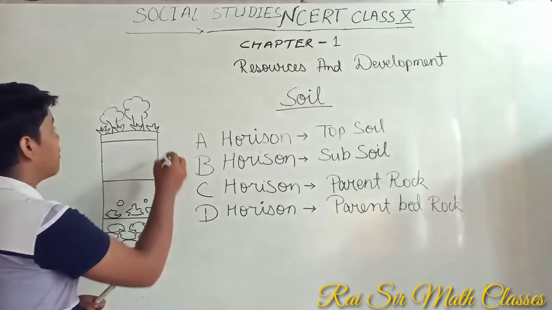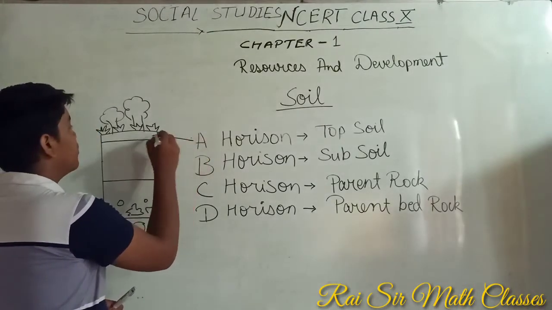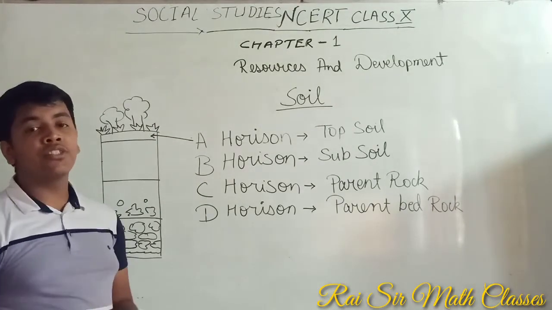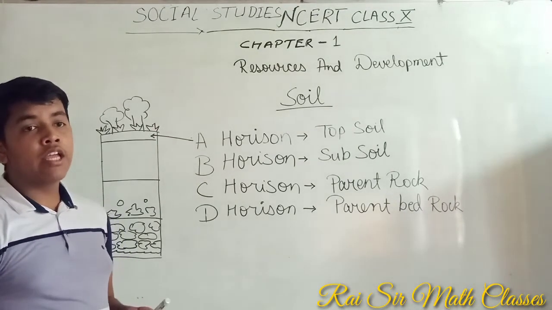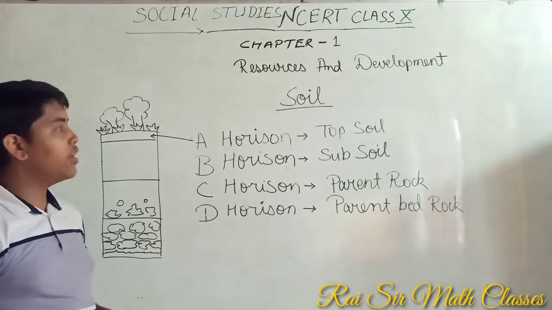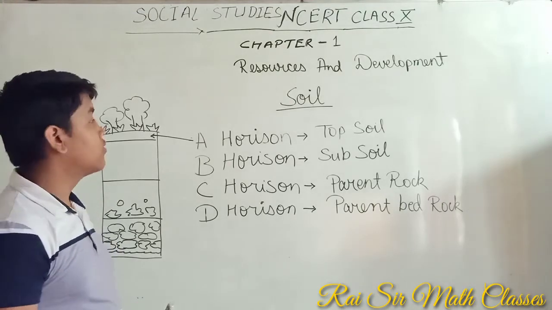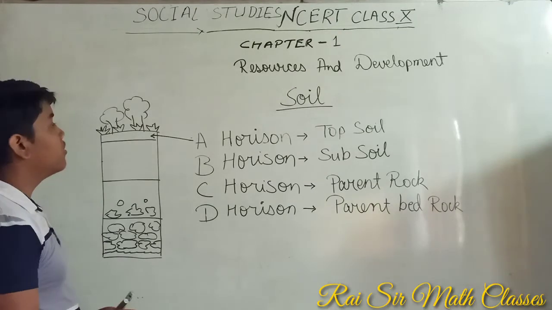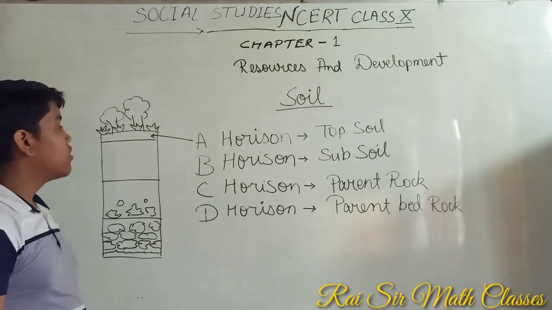It is rich in fertility and can produce more and more trees and plants. Most of the precious grasses are found in this type of horizon.